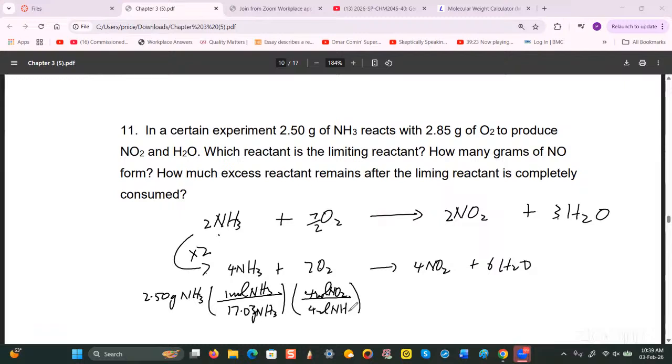This thing is laggy. Okay, so 2.5 divided by 17.03 times 4 divided by 4. So the answer I got here is 0.147 moles of NO2, right?